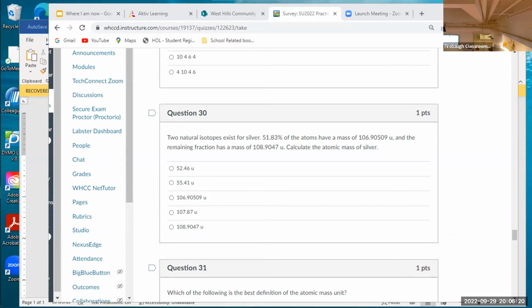Okay, and then that one's going to weigh 108.9047 units. So we change this number into decimals. So we go 0.4817. We're going to multiply that by 108.9047.